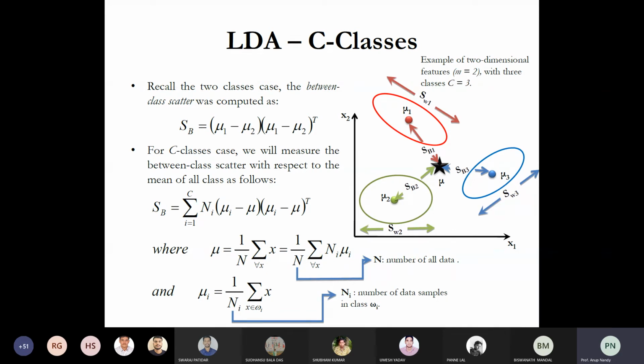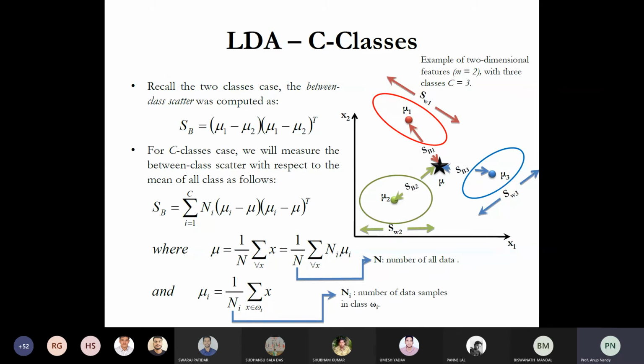SB is equal to summation of i is equal to 1 to C of Ni into (mu i minus mu) into (mu i minus mu) transpose, where mu is equal to 1 by n, summation over all x, and n is the number of all data points, that's why it is coming.